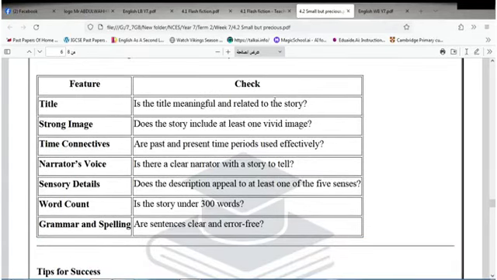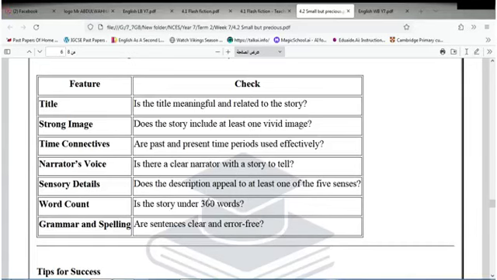It is a good example of a flash fiction story because it has a title which is meaningful and related to the story. It has strong imagery. It has time connectives to shift between past and the present. It has a personal voice of the narrator who is telling the story, and we have lots of sensory details and appealing description.